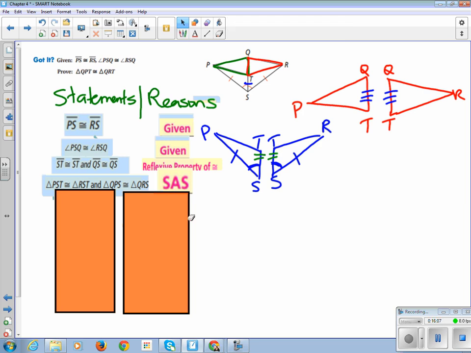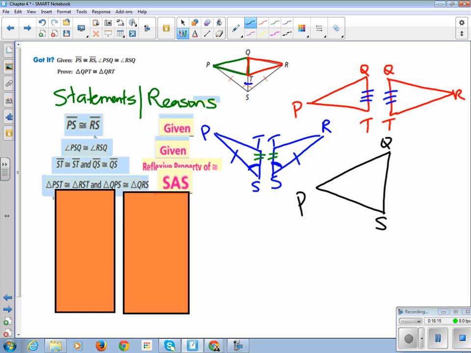We are going to put in one more set of triangles. That's going to be PQS and QRS.